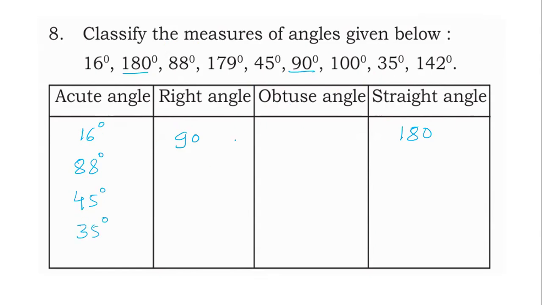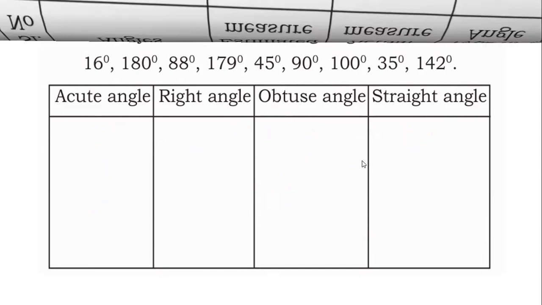These are all acute angles. Obtuse angle: 179 degrees, 142 degrees, and 100 degrees. These are obtuse angles.